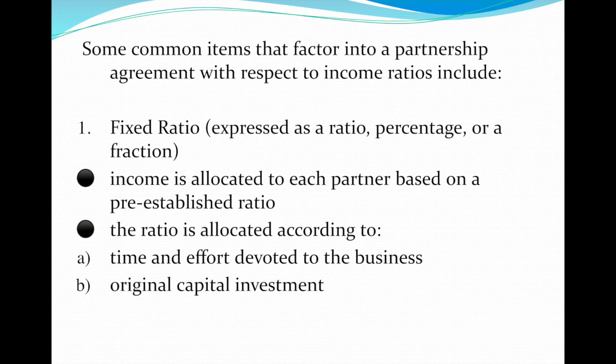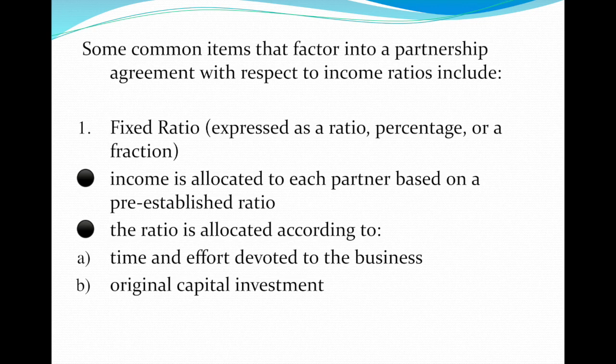Now, the standard for three partners would be 33, 33, 33, and 0.333. But one of them can only work around half the time that the other people can. Although this person did bring an equal amount of capital investment to the table, in this case, since he isn't able to work as much, he won't get the same income ratio.